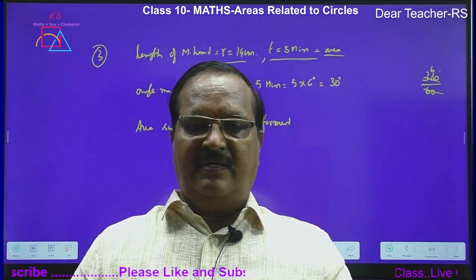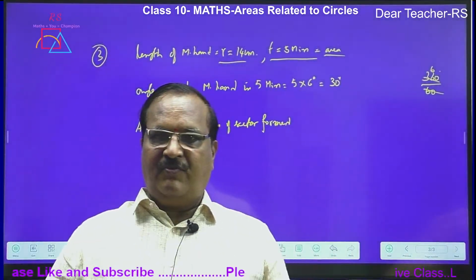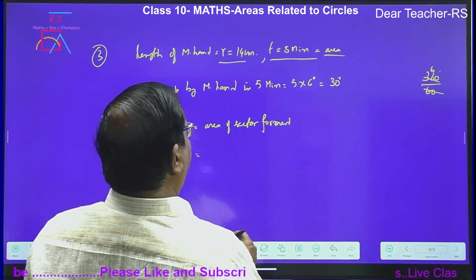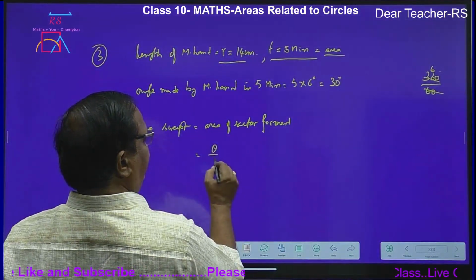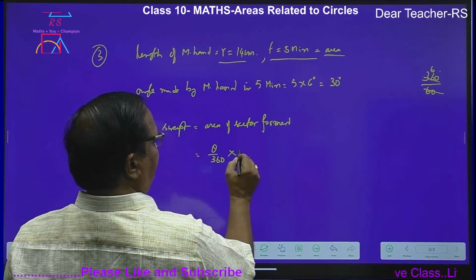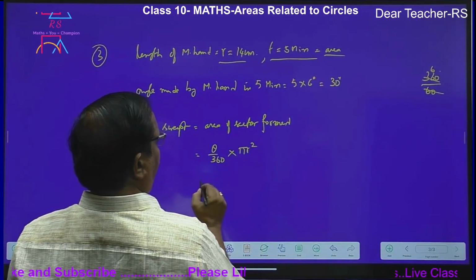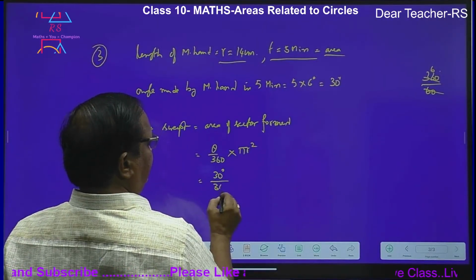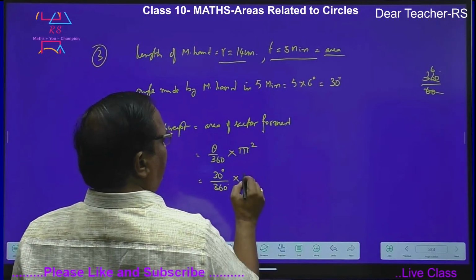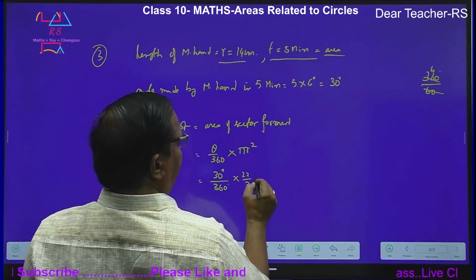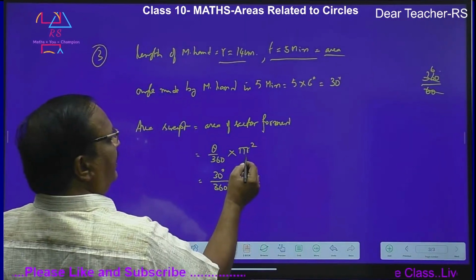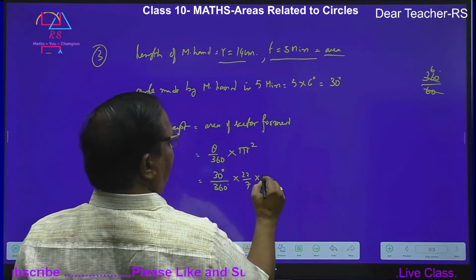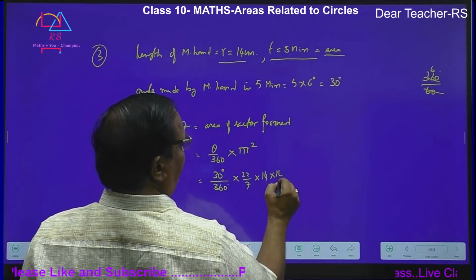Good morning, Saloni. I hope you are following. So area of the sector, let me write the formula also: theta by 360 into pi r square. The angle is how much? 30 degrees. So 30 degrees by 360 degrees into 22 upon 7 into r, which is 14. So 14 into 14.